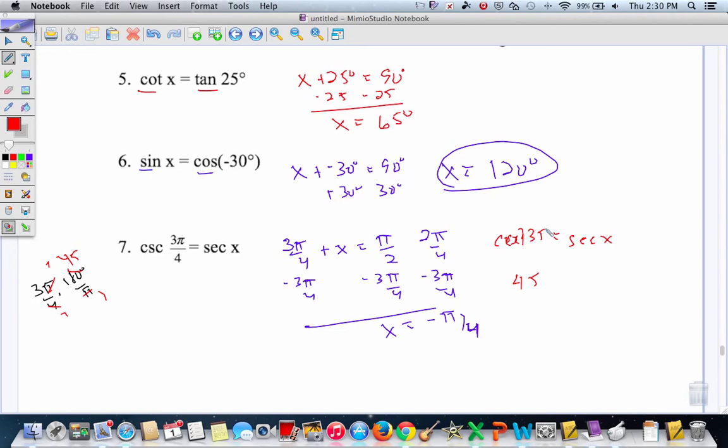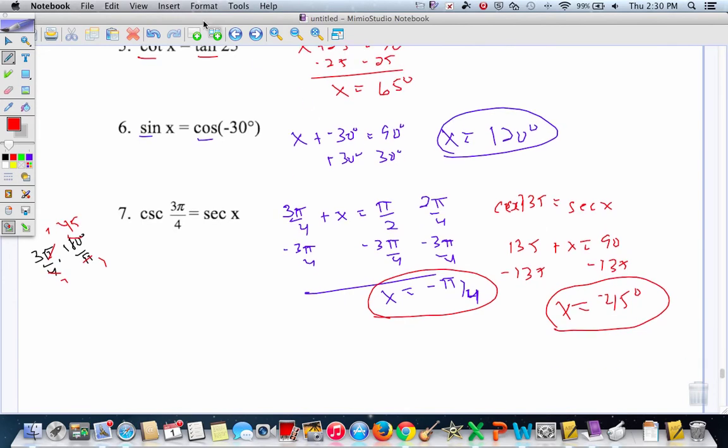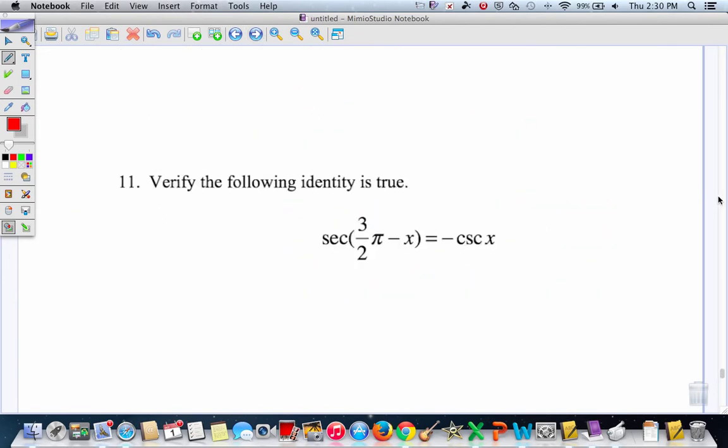I didn't take the 45 times the 3, it's the cosecant of 135 plus x equals 90, and we subtract the 135 from both sides, and we get x to be negative 45 degrees. So ideally we have our answer as a radian, but we could convert it over to degrees and do the same thing.